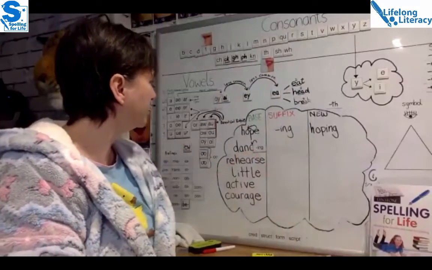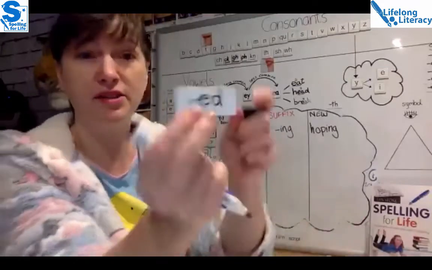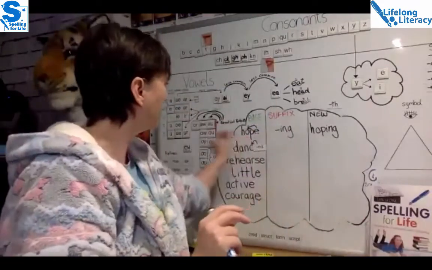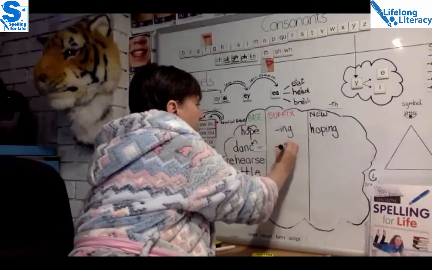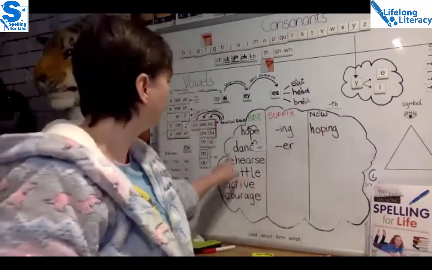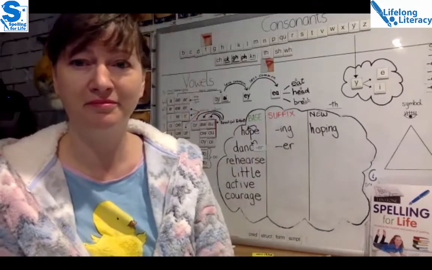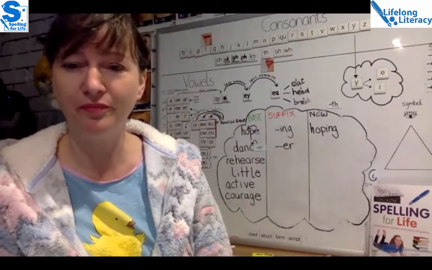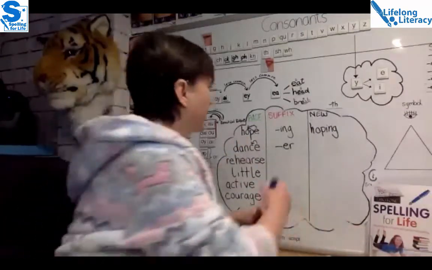Dancing. Oh, and even danced. So our example word is going to be dancer. Write dancer in your last column. Dancer. Beautiful. Nice one, Grace. All right. Dancer.